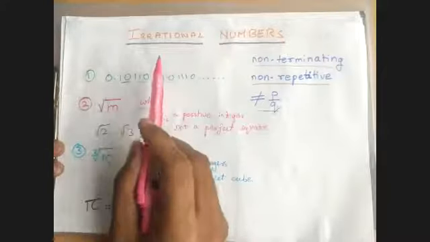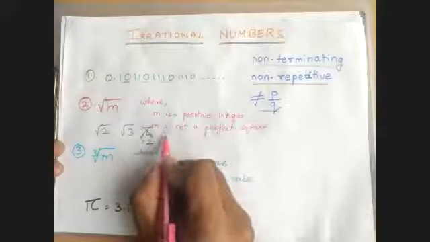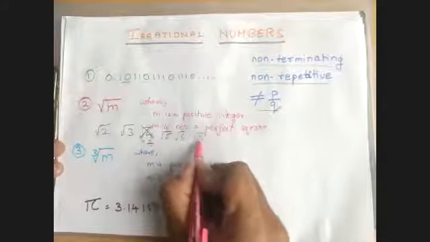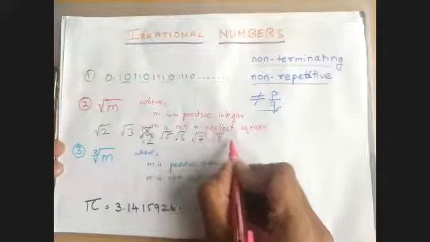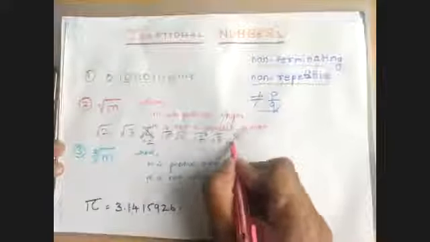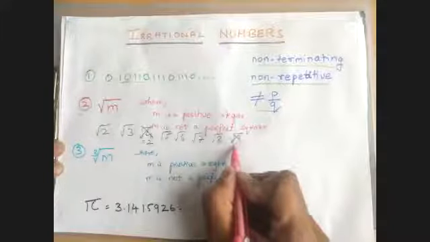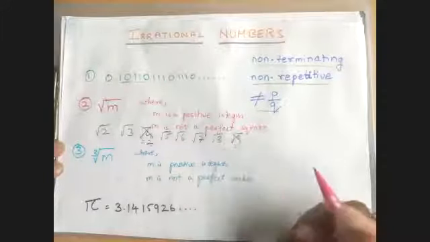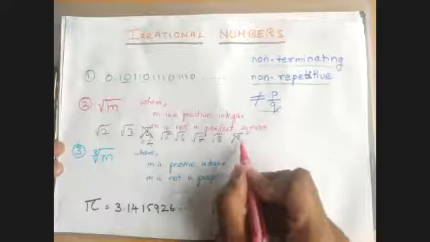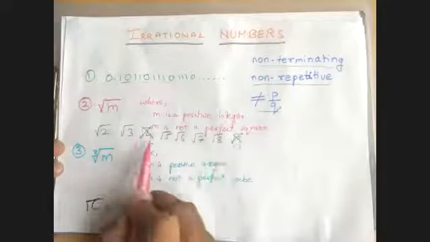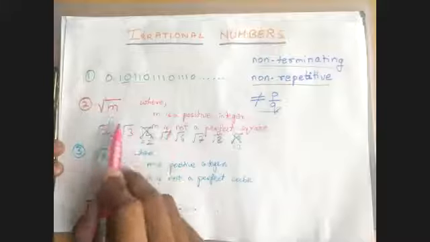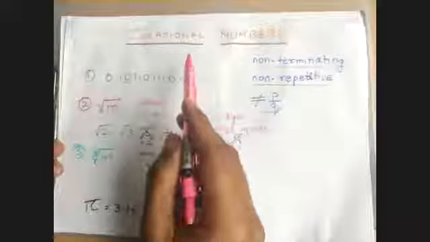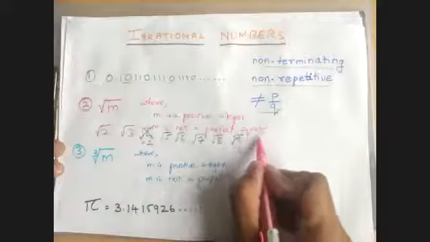Therefore, they are irrational numbers. So we can go on: root 5, root 6, root 7, root 8. But root 9 is not an irrational number, because root 9 is a perfect square. Root 9 is 3. So for any m which is not a perfect square, root m is an irrational number.